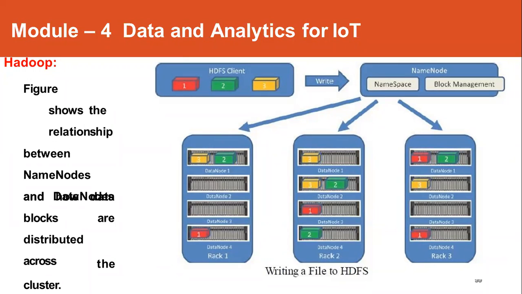So block 1 is present 4 times, block 3 is also present 4 times, similarly block 2. So all the blocks are replicated here 4 times and they are present in different data nodes. So this kind of replication of data is done across the data nodes to ensure that data is not lost.